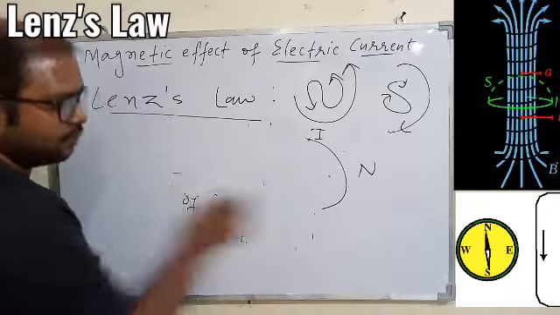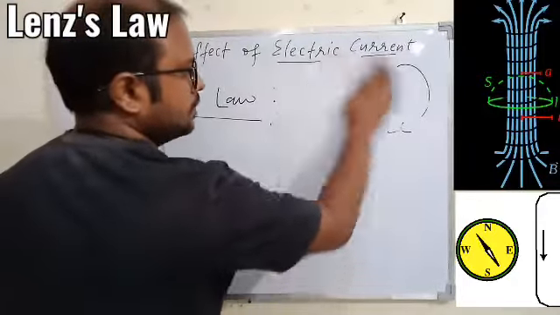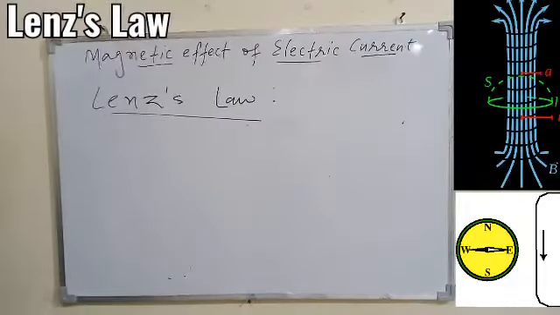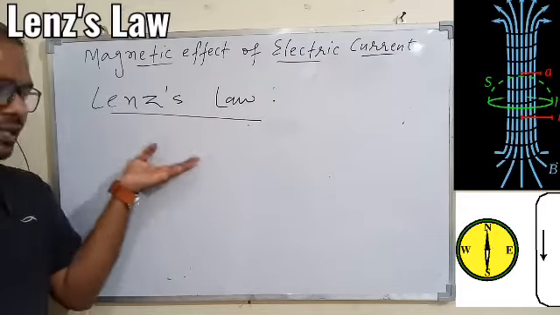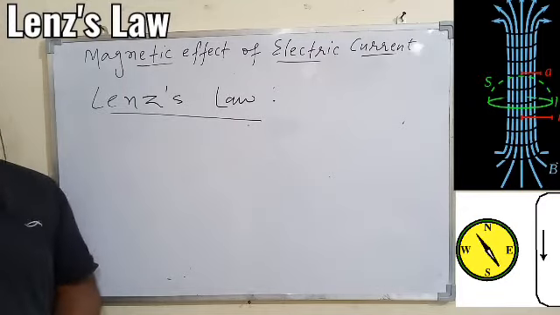Now I am writing the statement, and then I will show all the diagrams so that you remember the meaning. This direct topic we don't have in class 10, but we should have the understanding of the direction.